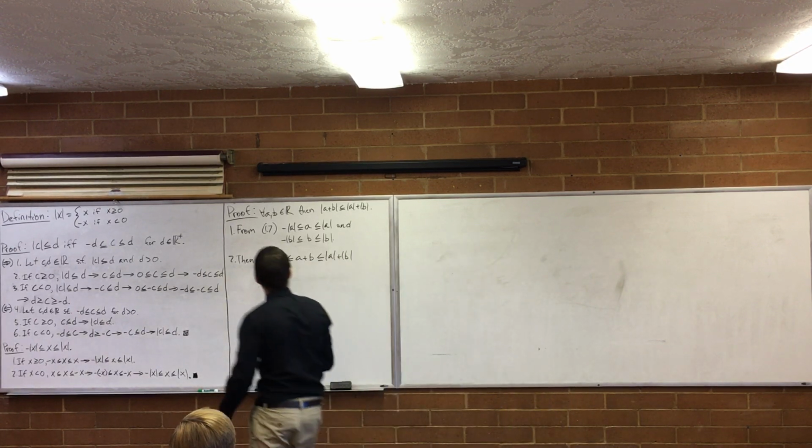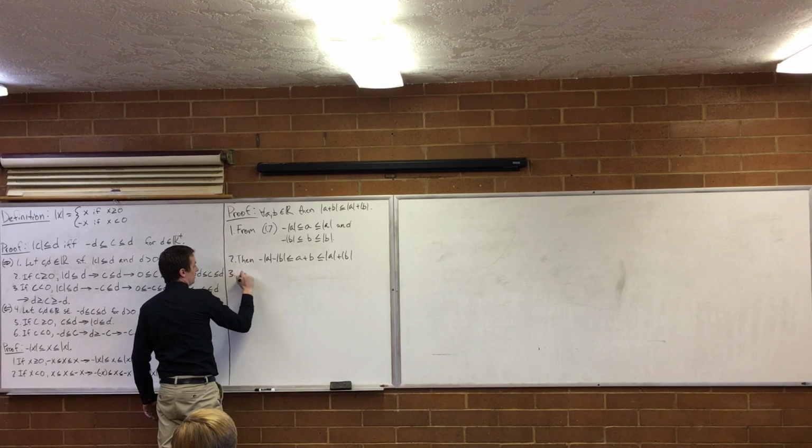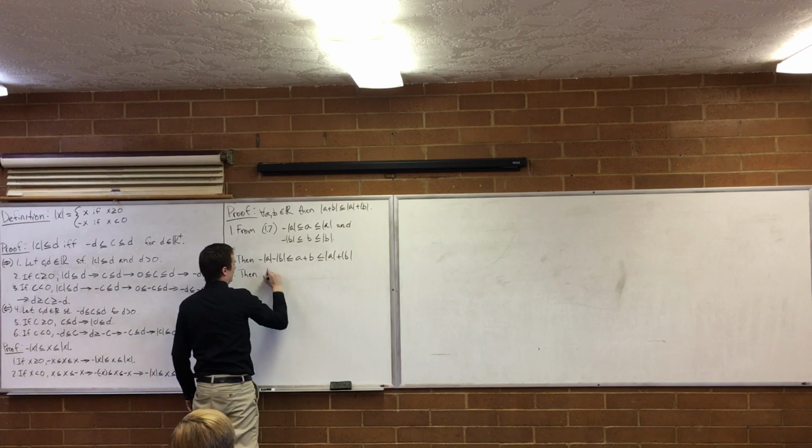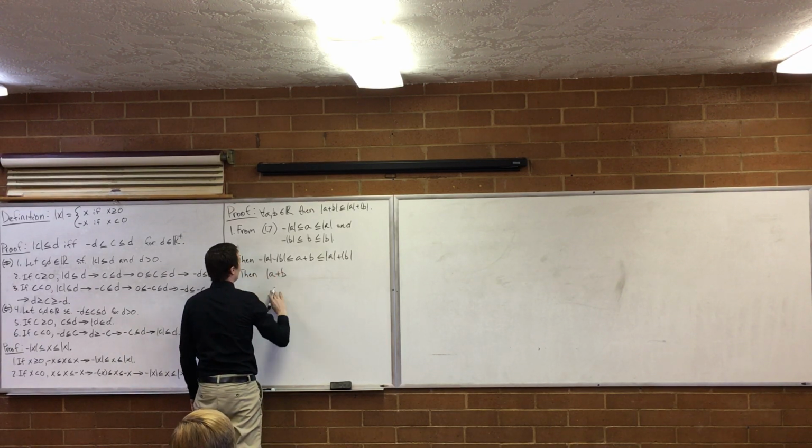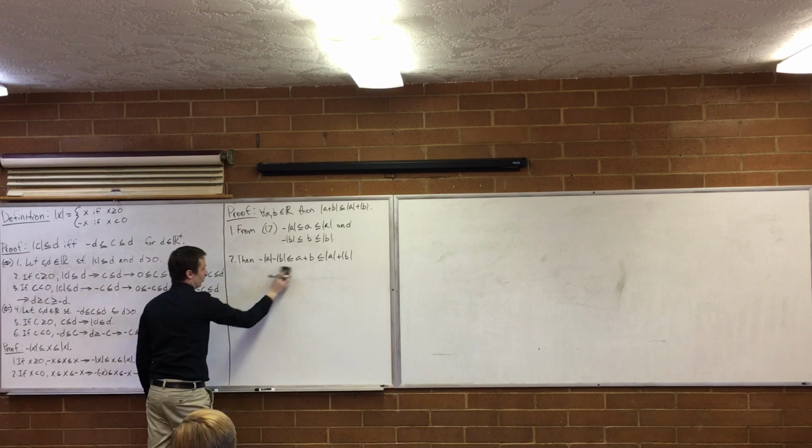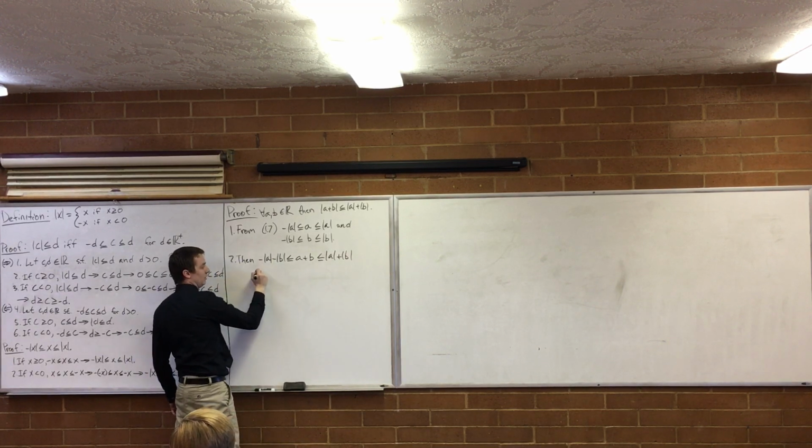And then, using our other theorem, then absolute value of A plus B. Maybe I'll rewrite this one more way to make sure it stands out clear in your mind.